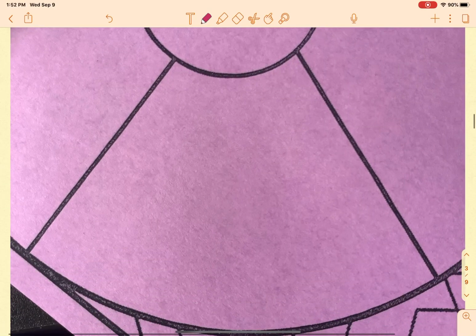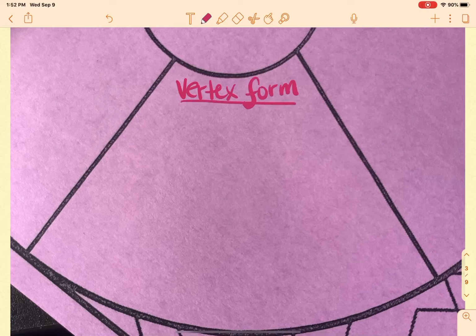Okay, on the next one, we're going to go to our next spot. We're going to talk about vertex form, because sometimes it's actually written so it's easy to identify the vertex. So vertex form, if it's y equals, is a (x minus h) squared plus k. Now remember, (h, k) is my vertex, so that's why they call this vertex form.